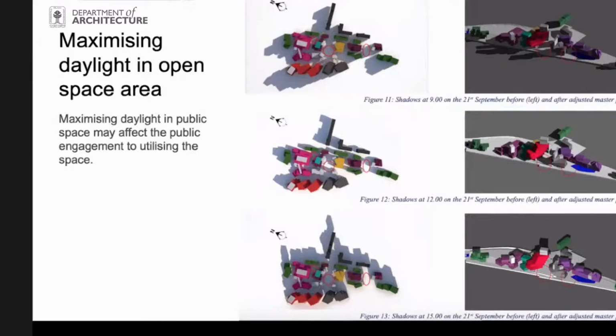Maximizing daylight in public space has several benefits, like increasing public engagement in using the space. It can be done using a really simple simulation like the shadow simulation, in really simple software like SketchUp or ArchiCAD, as long as it has geotagging or geolocation. By doing this simple analysis, you will have some justification for how you place your public space.